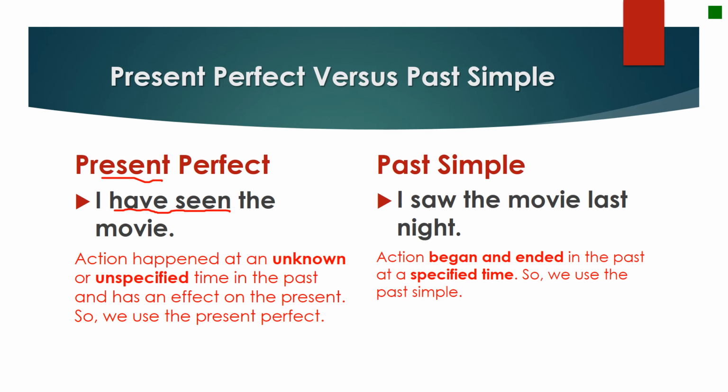And here I saw the movie last night. So if the action happened at an unknown or unspecified time in the past, and it has an effect on the present, I use the present perfect form, while we use the past simple form when we're talking about an action that began and ended in the past, and it happened at a specified time in the past.